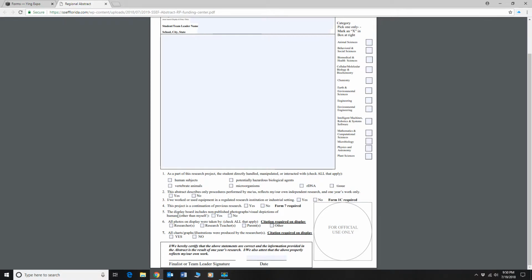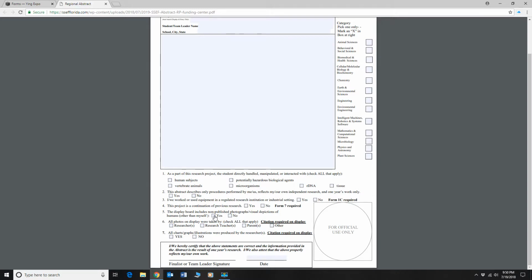And question number 5, the display board includes non-published photographs or visual depictions of humans other than myself. If this is a yes, the student has to have written permission from the adults that are pictured. I say adults because they may not have any pictures of anybody under the age of 18, regardless of parent permission or whatever.